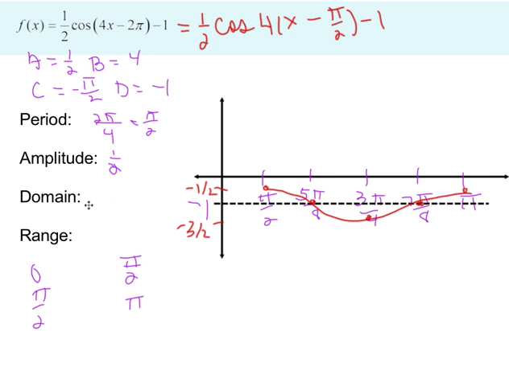And there is cosine. And again, my domain, all reals. It's all reals always, no matter what the transformations are for cosine. And the range goes from -3/2 to -1/2.